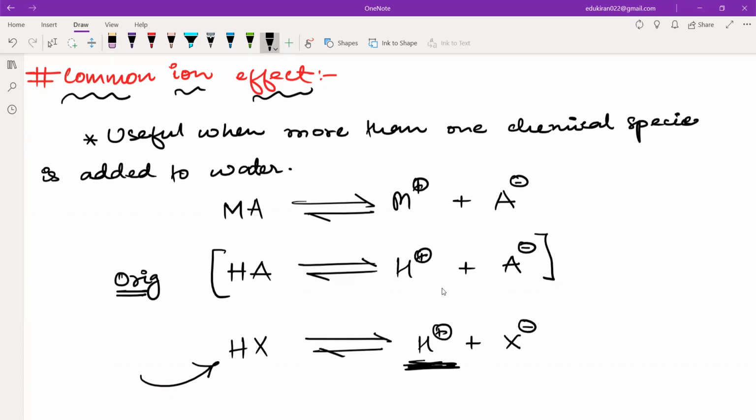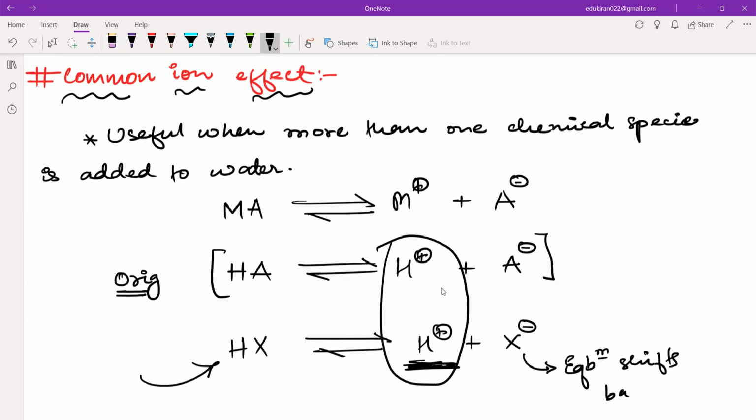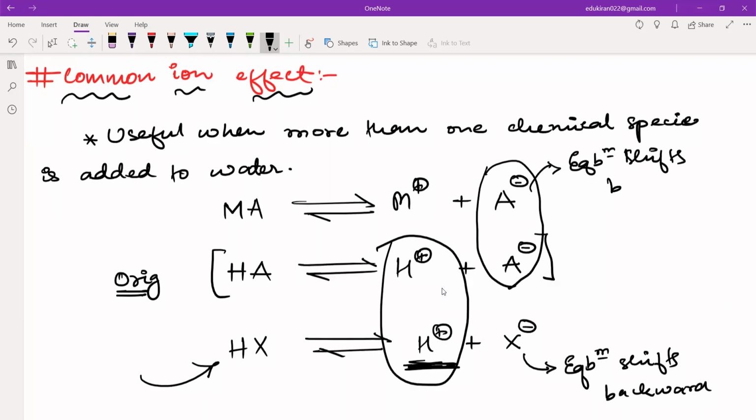So if you have this type of reaction and you add something similar to the product, then the equilibrium shifts backward. Again, here also, if I'm adding something that has the conjugate base which is common, or one of these species from the product is common, then again the equilibrium shifts backward.